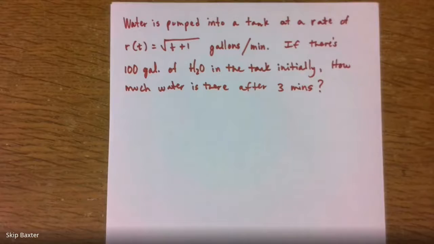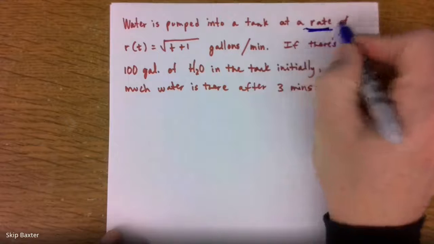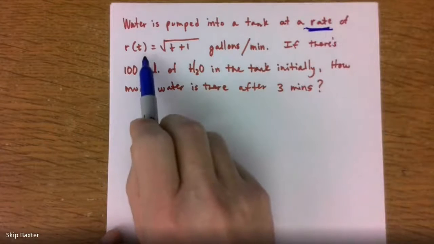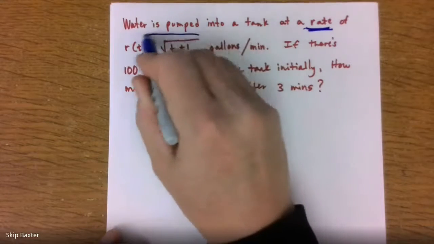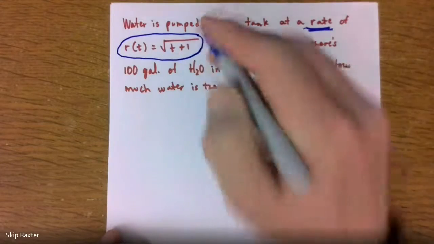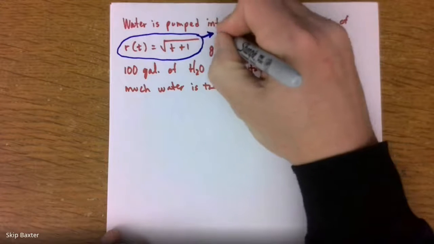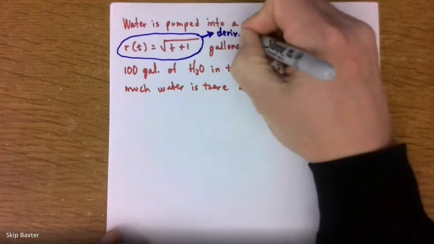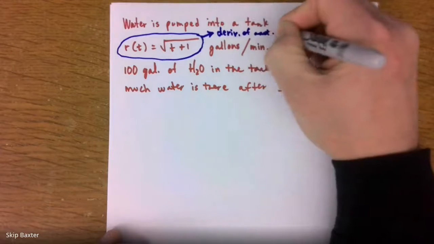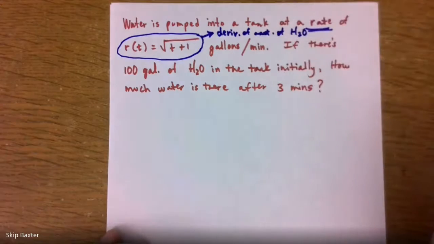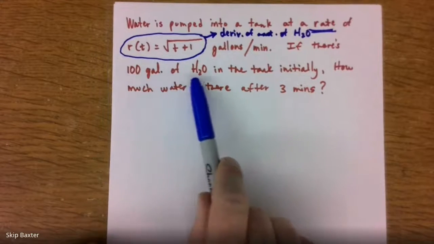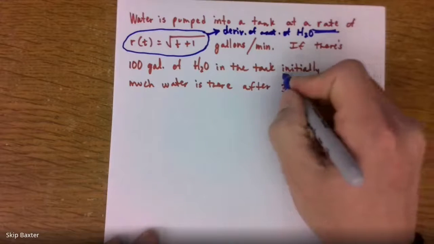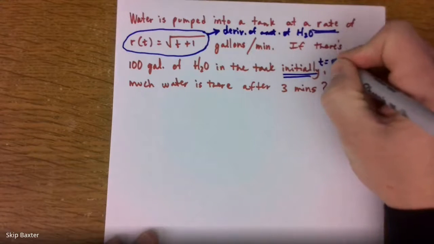Well, this is the same type of problem. If you look at this word rate, that means derivative. This is the derivative of the amount of water in the tank. That's what rate means. And it says if there's 100 gallons of water in the tank initially, that means at t equals 0.